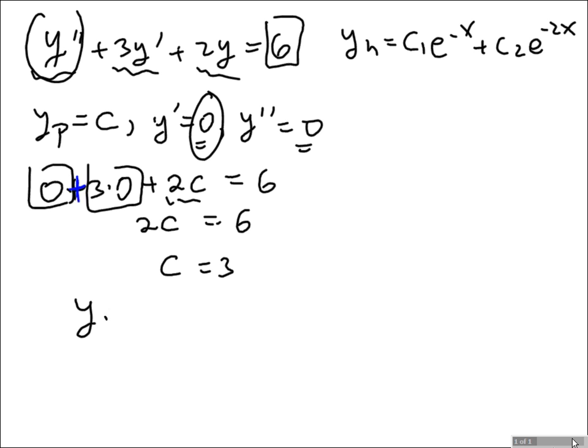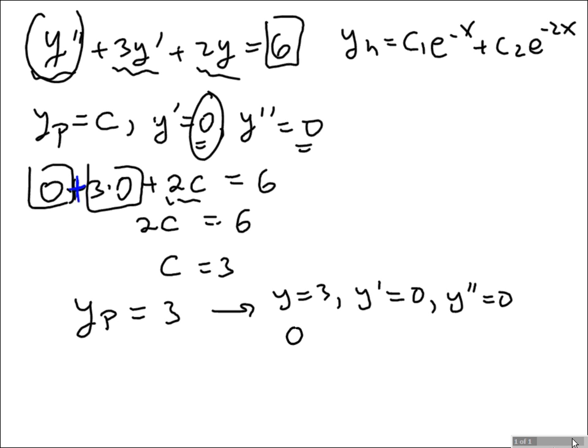That is, a particular solution to that top equation is 3. Just to convince you that that's right, if y is 3, then y prime would be 0, and y double prime would be 0. And y double prime plus 3 times y prime plus 2 times y, 0 plus 0 plus 6, really is 6.